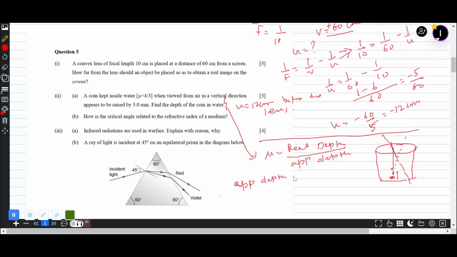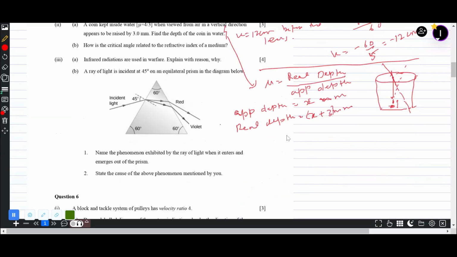Let's presume the apparent depth is x centimeters, and the real depth will be more than the apparent depth, 3 more. So x plus 3, and we know mu is 4 by 3. So 4 over 3 is equal to x plus 3 over x.